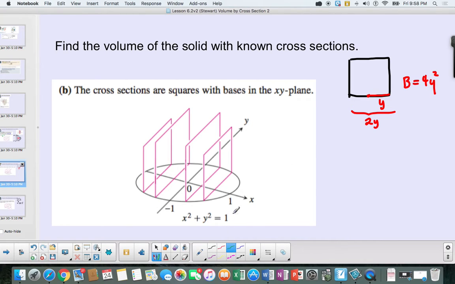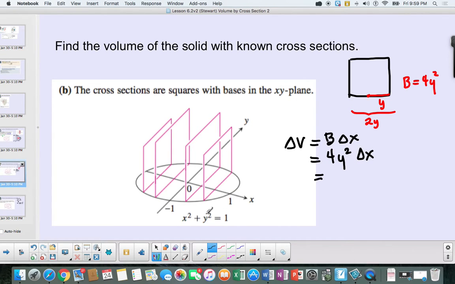So now I'm ready to set up my volume now that I know what's going on here. So delta V is equal to the area of the base times delta x, that's going to be my height, and my base is 4y squared. It's actually a square, delta x.